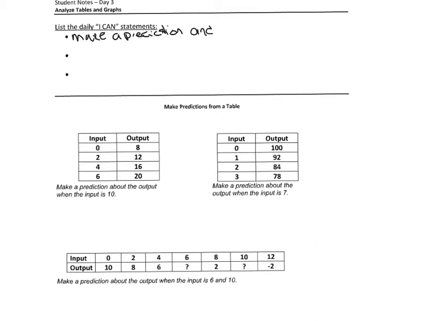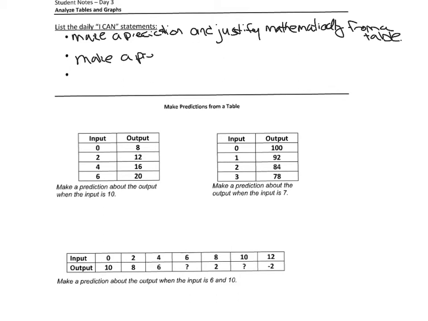And justify mathematically. Well, there's an A in there, y'all, from a table. We're also going to make a prediction from a scatter plot.